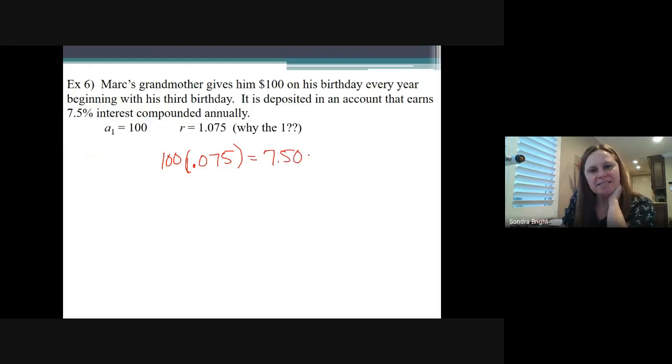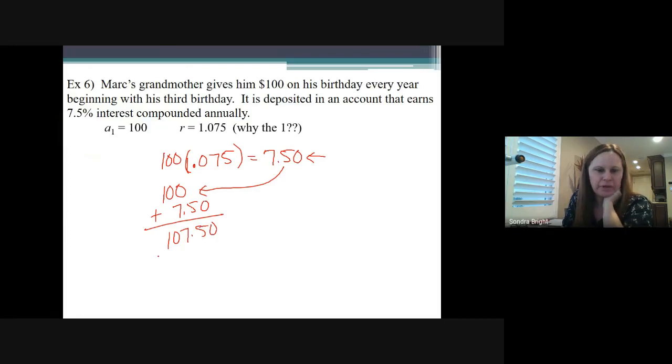But that's the amount of interest earned, but then that gets added, right? So this is the interest earned. The bank adds $7.50 to the $100 that you had.